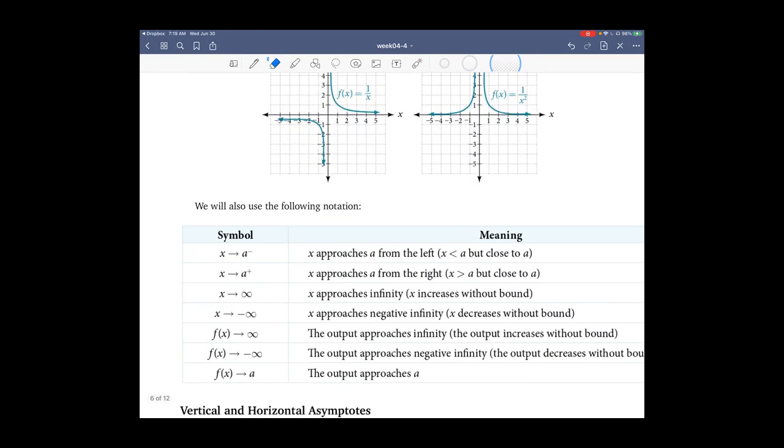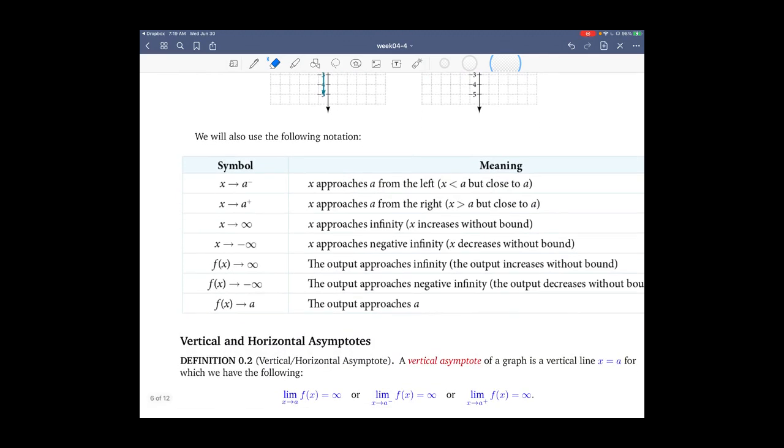Now a little bit about limit notation. We already talked about limits when we studied the end behavior of polynomials, and we had this notation: f at x going to infinity. Remember, that means that x approaches infinity, or increases without bounds, either to positive infinity or to negative infinity.